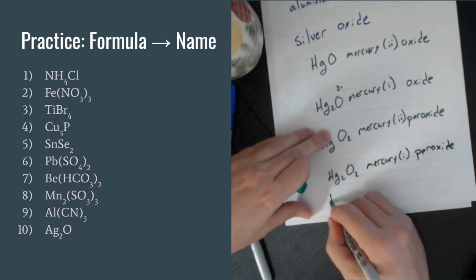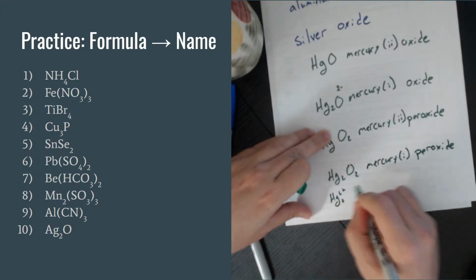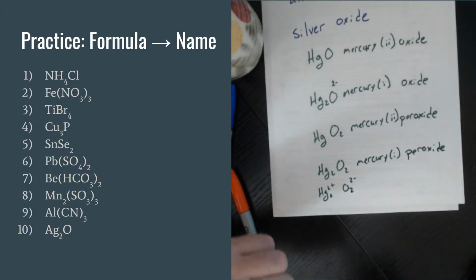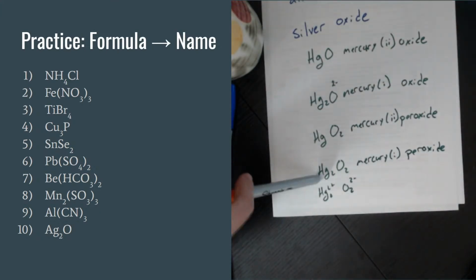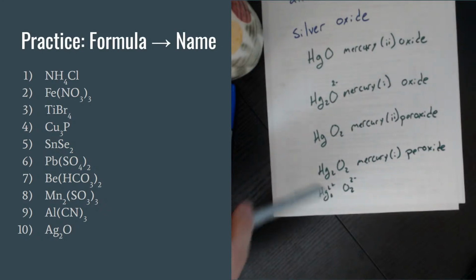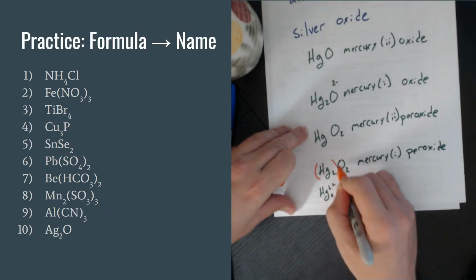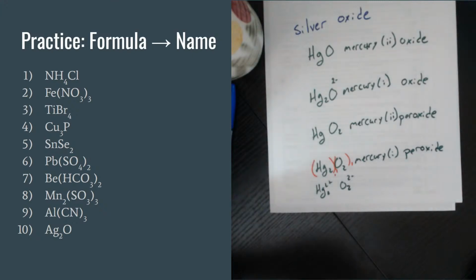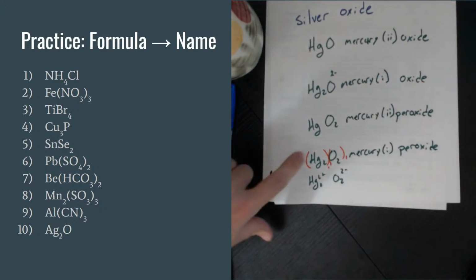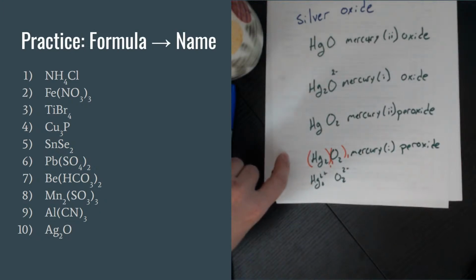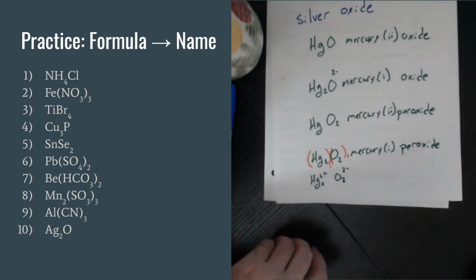Okay, Hg2 2 plus and O2 2 minus, one of each. So in a way, the reason it looks like an unreduced ratio, it's not actually an unreduced ratio. Instead, we have our invisible parentheses with the invisible subscripts. Okay, so it's really a 1-to-1 ratio of the polyatomic ions. It is not a 2-to-2 ratio of those atoms. It's a 1-to-1 of the polyatomic ions.